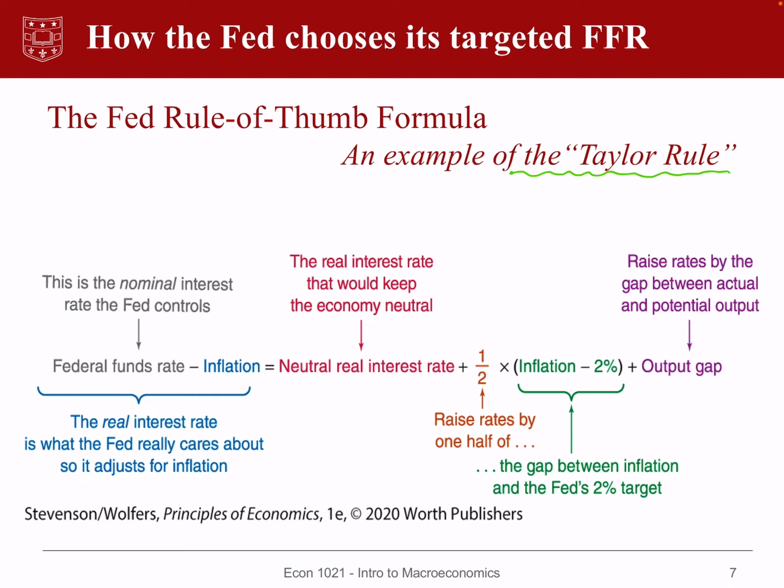So John Taylor is an economist at Stanford, and in the old days, which is to say, before the Great Recession, when the Fed didn't communicate its plans and targets very clearly, Fed watchers and other people who needed to make forecasts about interest rates needed to come up with a way of estimating the future direction for the federal funds rate.